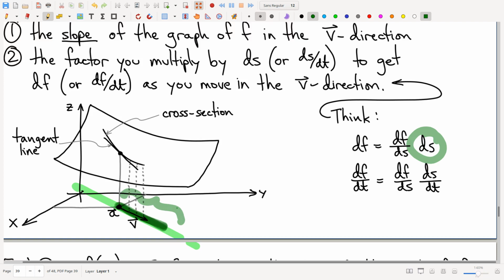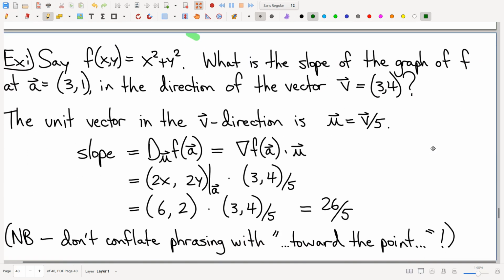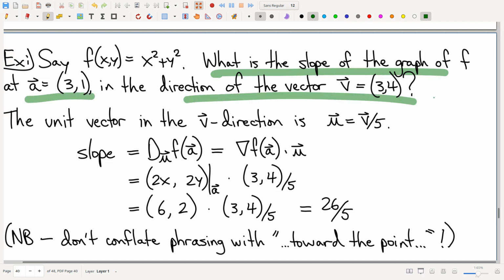Yeah. All right. Okay, let's do one. So, we've got a function we're keeping track of, and I can talk about the graph of that function. The question says, what is the slope of the graph at a certain point pointing in a certain direction?